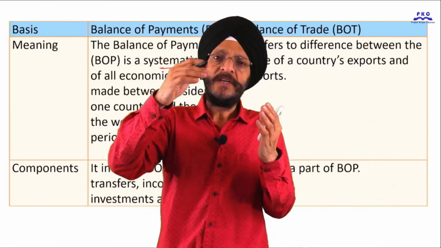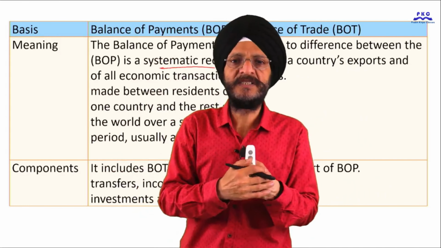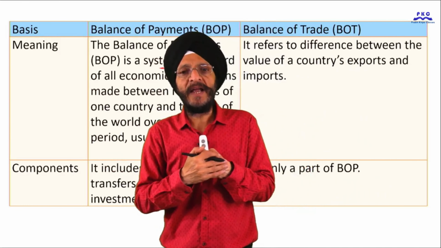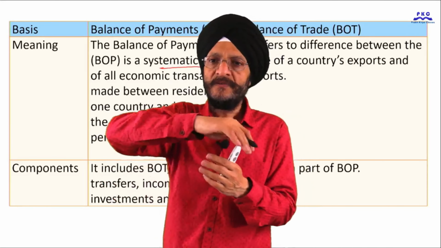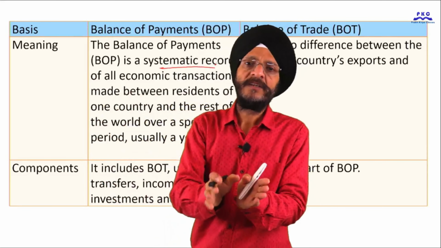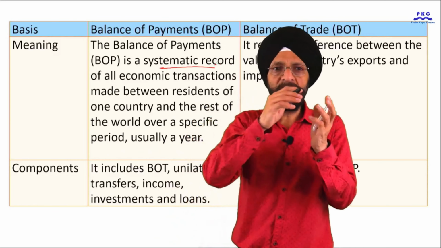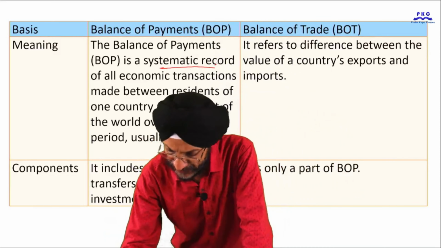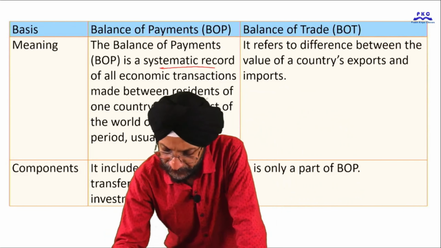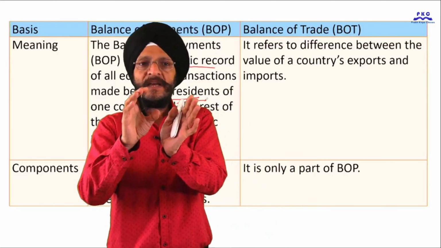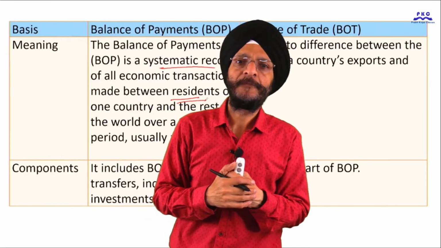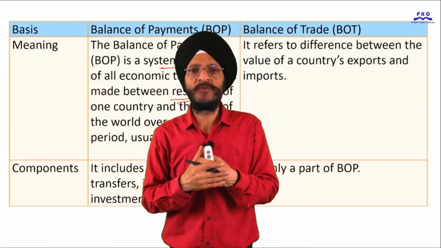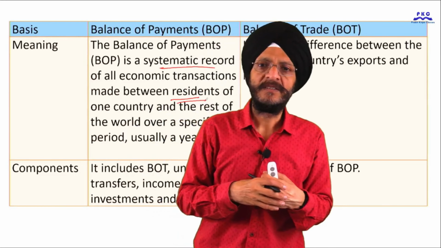Residents means individual residents, businesses, and government and its organizations within the jurisdiction of the country. In the case of residents, as discussed in the definition of balance of payment, it does not include diplomatic staff, foreign military personnel, migrant workers, etc.